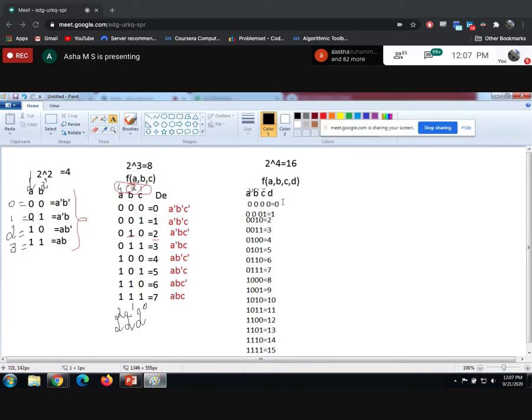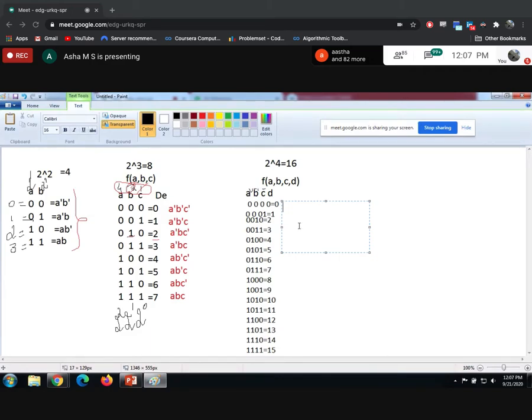So how to write? That is decimal 0. All the 4 bits are 0. So it is A bar, B bar, C bar, D bar. Next, it represents the decimal 1. 1 means D bit is 1, remaining A, B, C are 0.